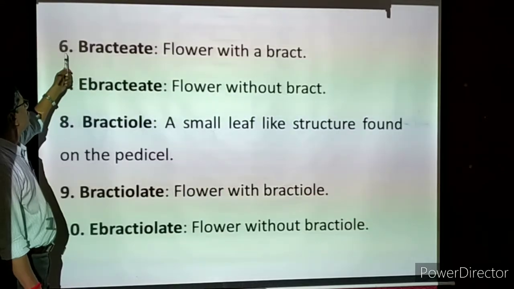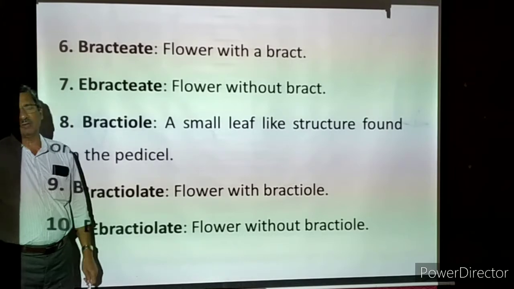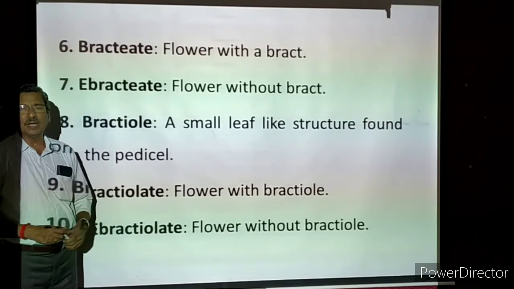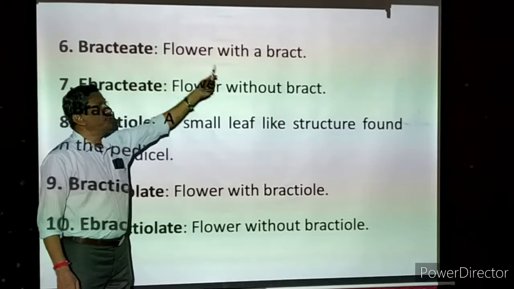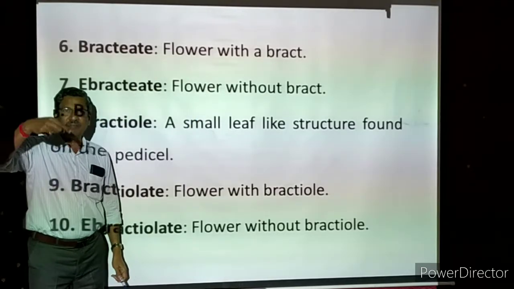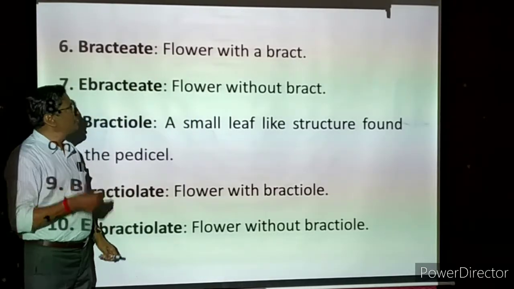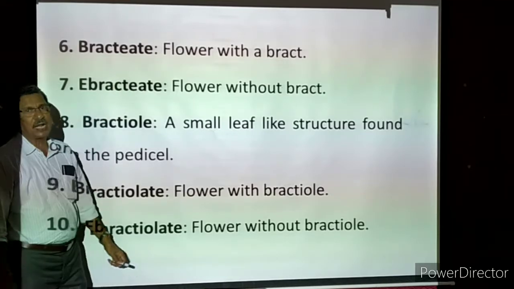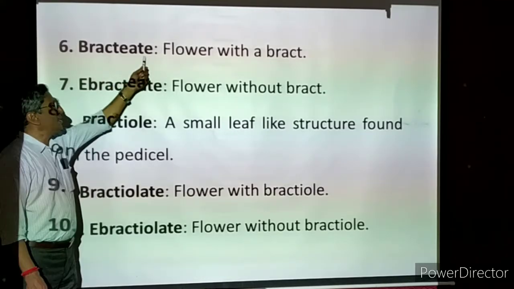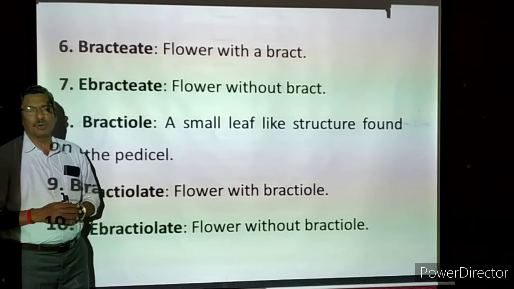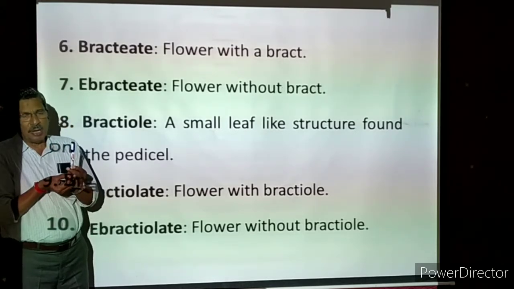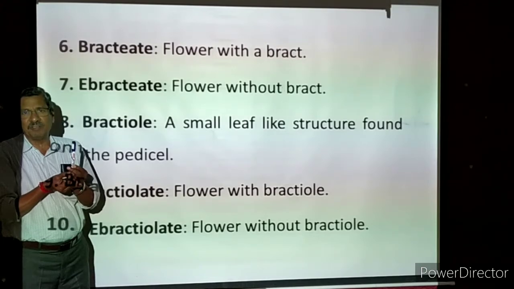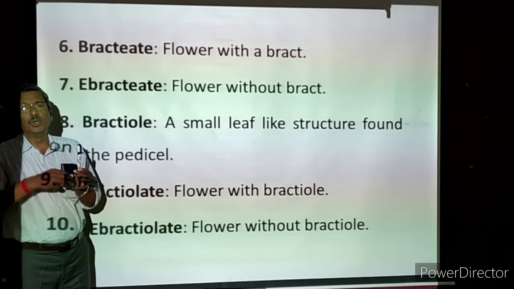Now we are coming to bracteate flower. Very simple. A flower with the bract is called a bracteate flower. That means at the bottom of the flower stalk, a leaf-like structure, bract, will be present. That is called a bracteate. Imagine that in another flower, the stalk is there, floral parts are present, but at the base of the flower stalk, that is pedicel, no bract.